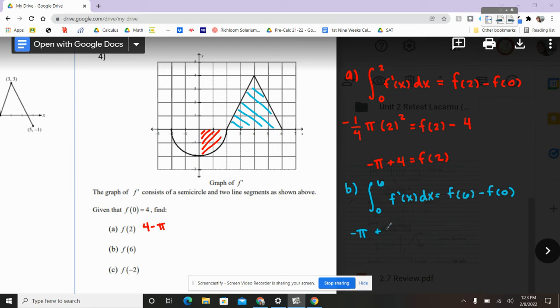So plus 4 times 4 divided by 2 because of area of a triangle equals f of 6 minus 4. So this is going to come out to negative pi plus 8 plus 4 equals f of 6. And if you simplified that, since it's easy to simplify, you're going to get 12 minus pi.